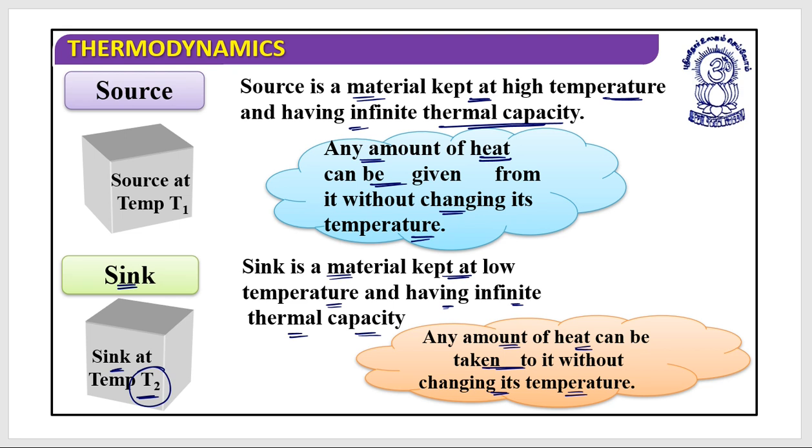So if I give it an energy of, let's say, 40 joule, it is not going to increase its temperature. I hope this is clear. Generally, we keep the source at T1, which is considered the higher temperature, and we keep the sink at temperature T2, which is considered the lower temperature.